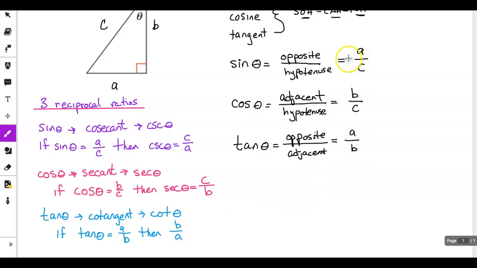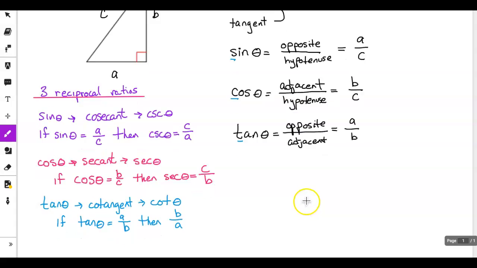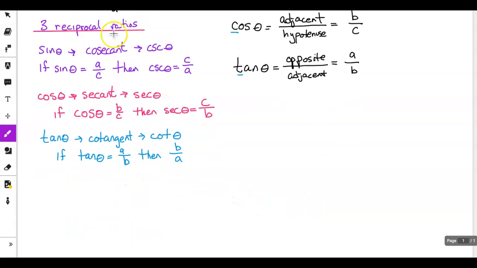So you don't have to memorize the Sohcahtoa part, because you already know it. You just have to memorize which reciprocal goes with which function. The way we write it in our class is that cosecant is 1 over sine, which means it's the reciprocal.